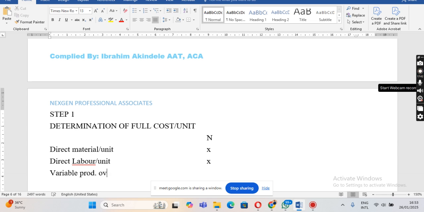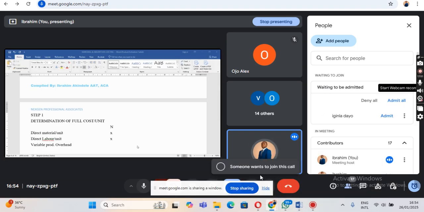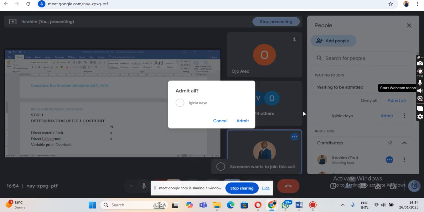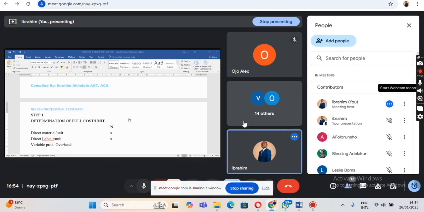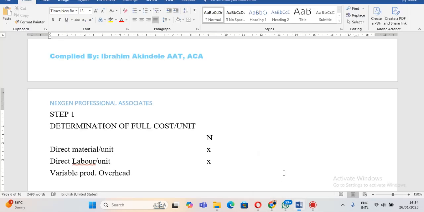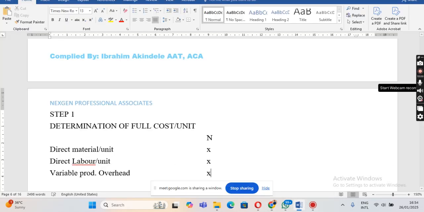Now, don't forget that variable selling is not part of your production cost. Even under the absorption costing, you will not bring it as part of your variable cost because it is not part of your production, class. If this is all you have for variable cost, is that not so?